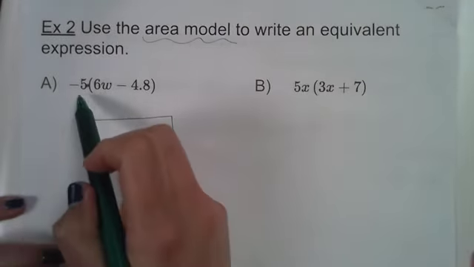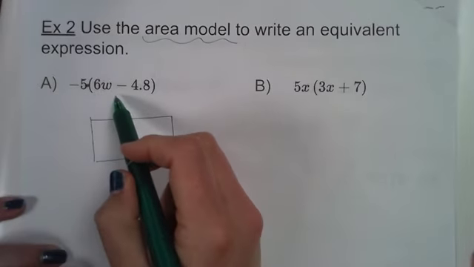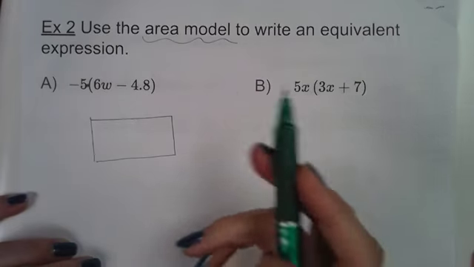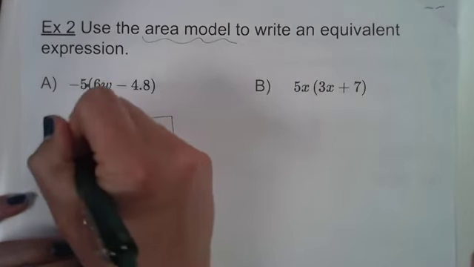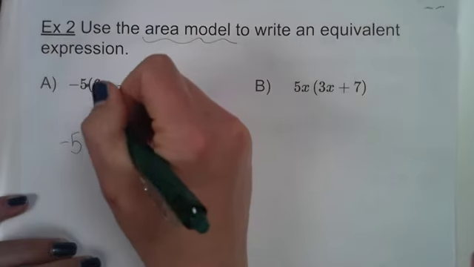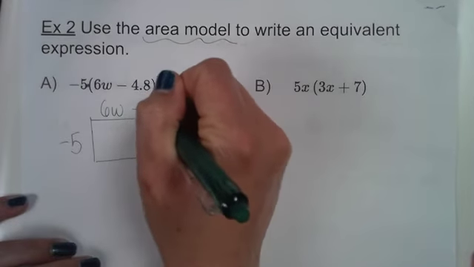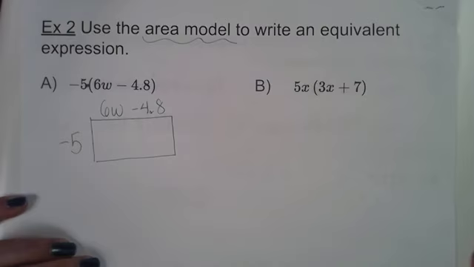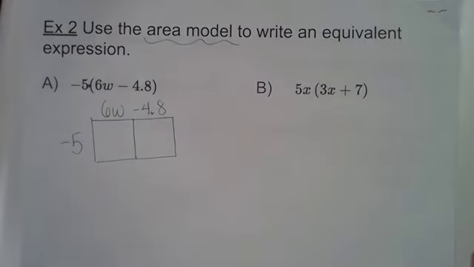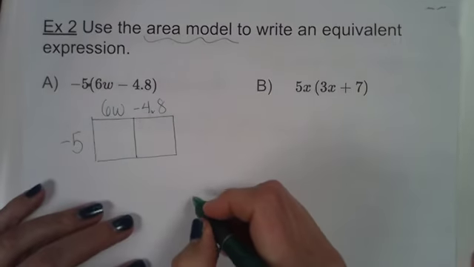If I have negative 5 times 6w minus 4.8, I'm going to put a negative 5 on one side, the width in this case, and then write 6w minus 4.8 along the top of our rectangle and separate them. We did this in the very first week of school, right? We did the area model. Do you remember that? And I showed you that.